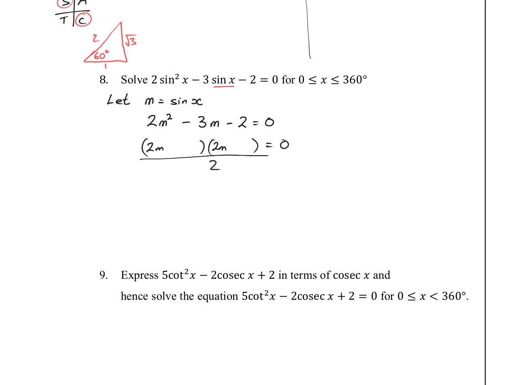Now we need to find 2 numbers that multiply to give negative 4, because 2 times negative 2, the constant term, and add to give negative 3. Are there some nice numbers that will do that? Negative 4 plus 1. So 2m minus 4, 2m plus 1. So now we've got a common factor that we can divide by.